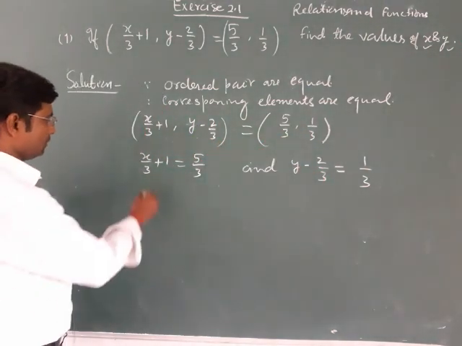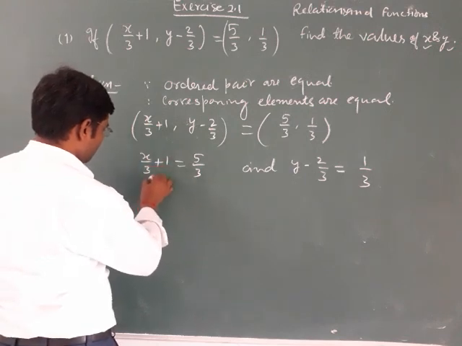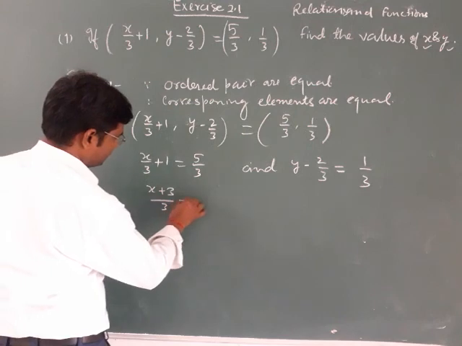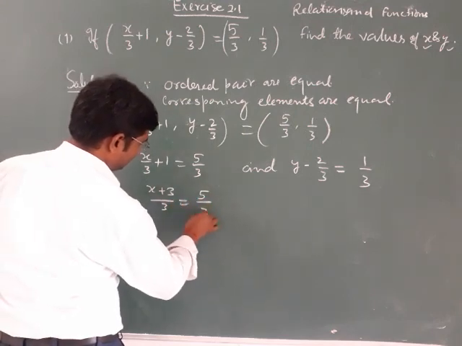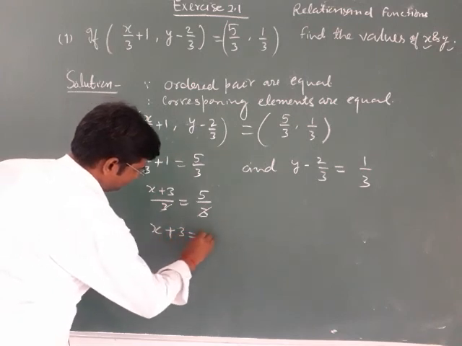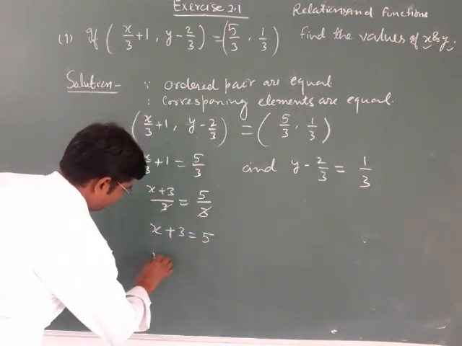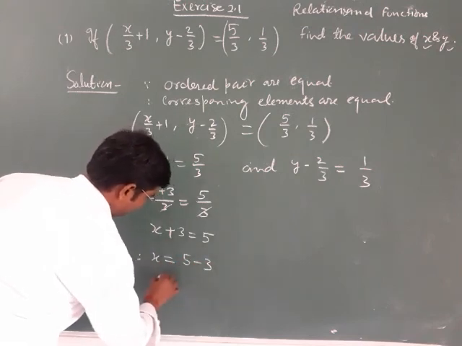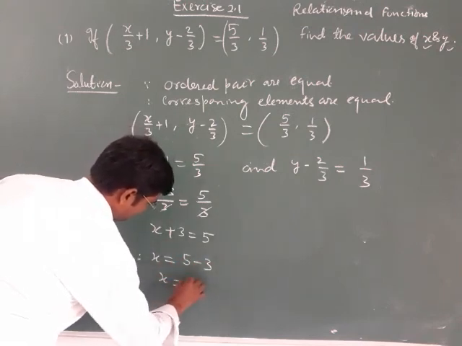Solve it. Taking LCM, (x + 3)/3 is equal to 5/3. So 3 cancels out, x + 3 is equal to 5. Therefore x is equal to 5 - 3, x is equal to 2.